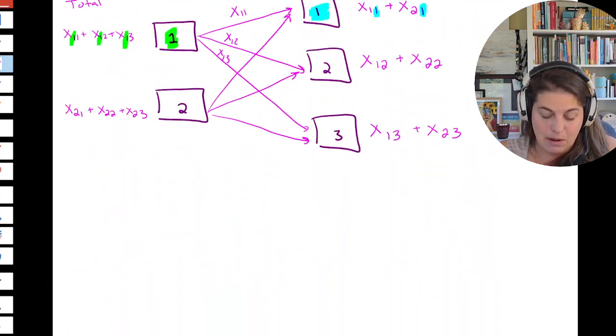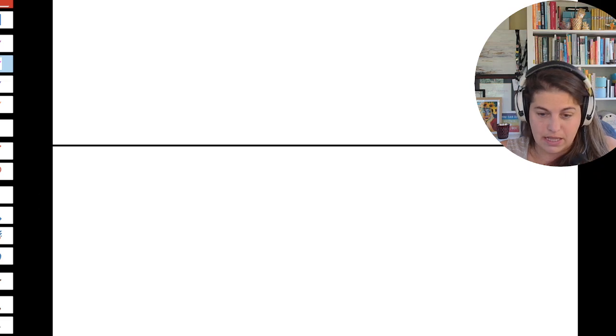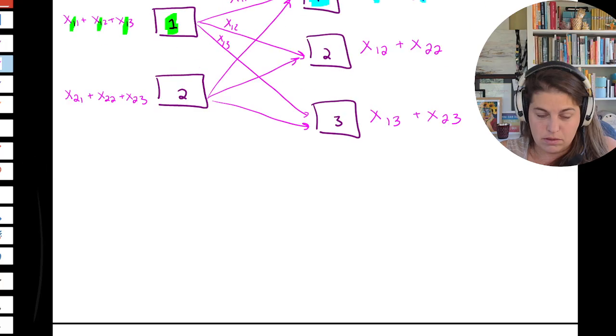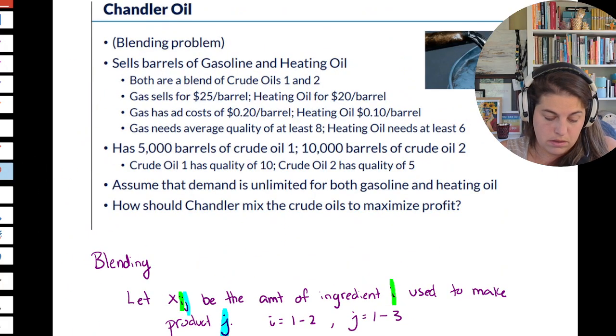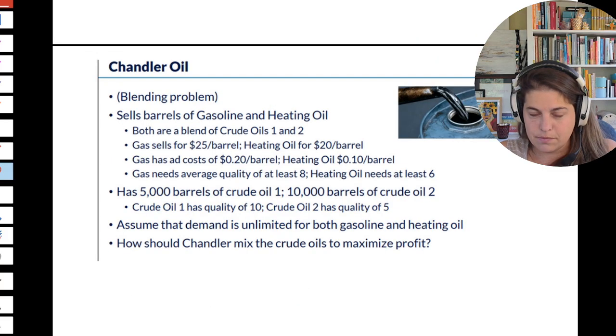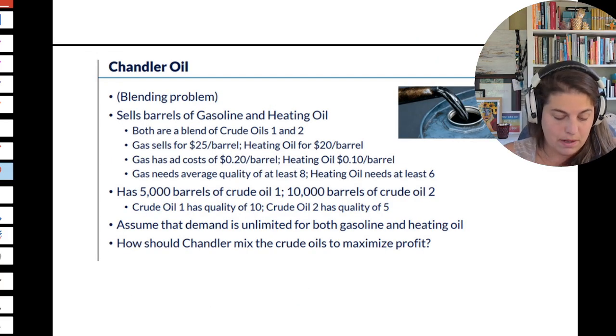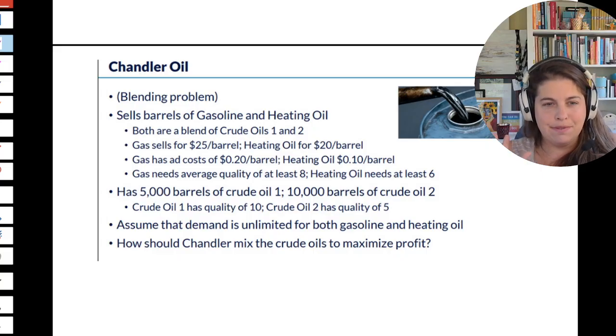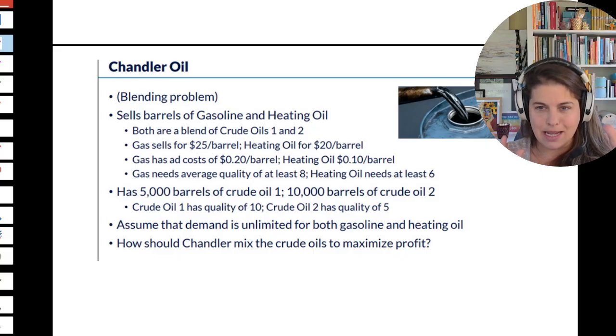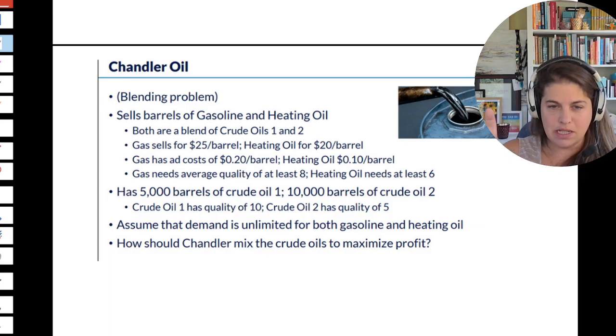Okay. Now, in this question specifically, just wanted to add another copy of it so we could work directly with it. We have that the gas sells for $25 a barrel, heating oil sells for $20 a barrel.